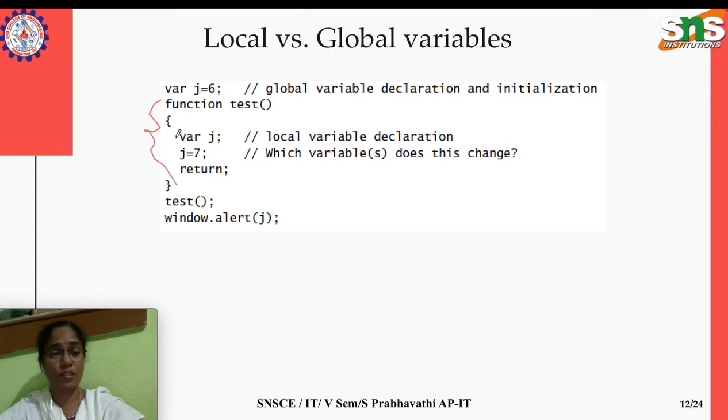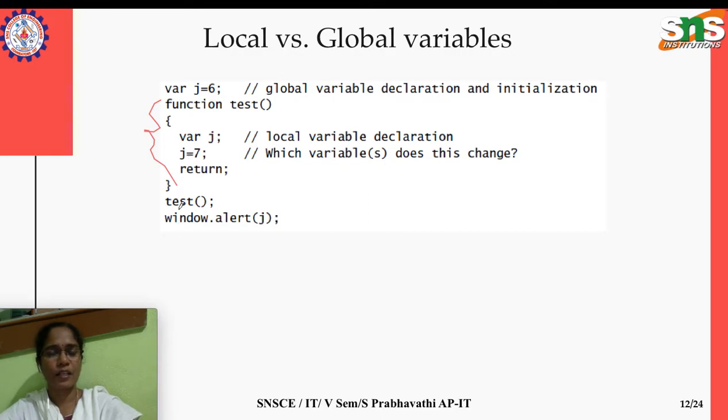So here j is equal to 7. Do you think which j gets affected, whether this j will have the value 7, or this j? Of course you are right, this j will be changed. This j will now hold the value 7.